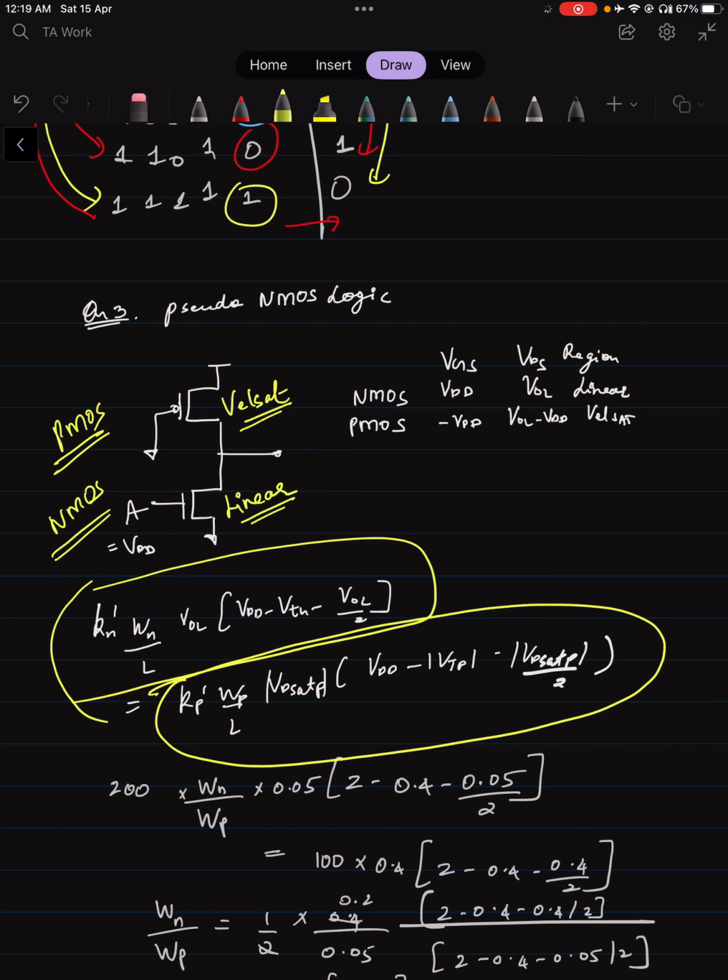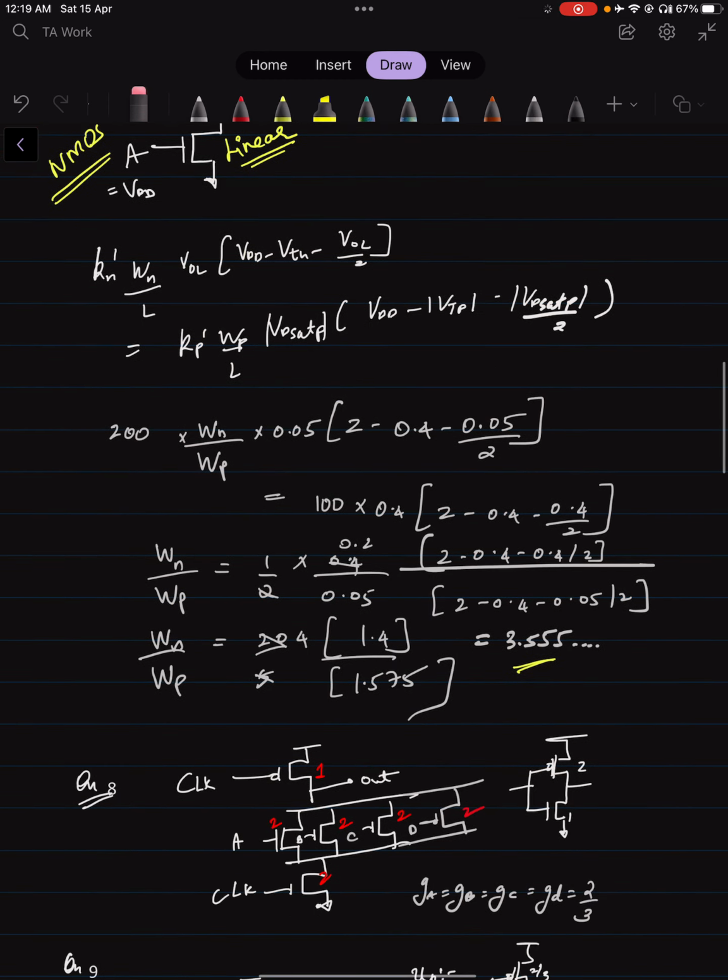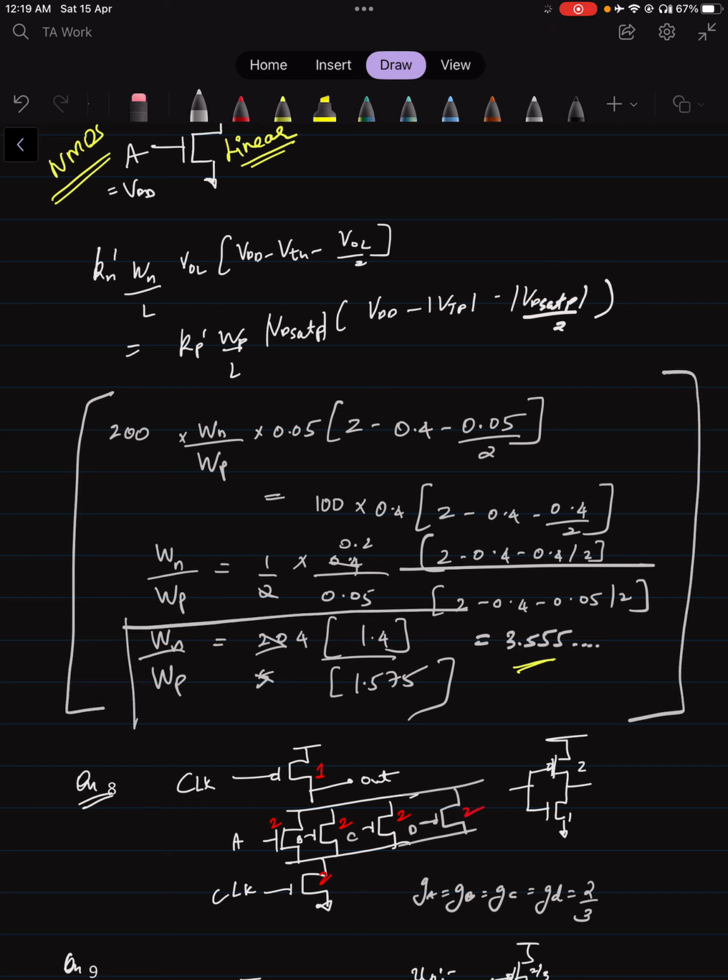Once you write down the expression, it is a matter of plugging the values in and obtaining the result. So you plug the values here as shown in this calculation and finally obtain Wn by Wp as so much. I'll just give it a minute so that you can look into the calculation and the work.